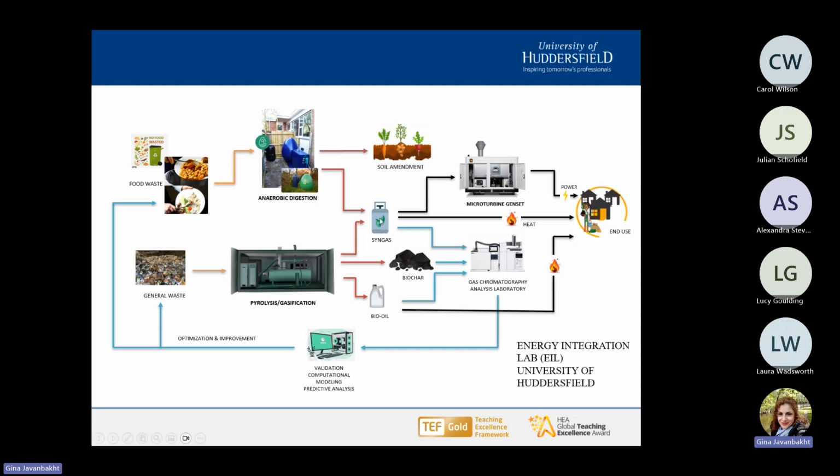And then some gases, bio oils, and biochar. The syngas and bio oil would then be used in our microturbine to produce electricity, and we are going to store that electricity and use it in the buildings at the university.